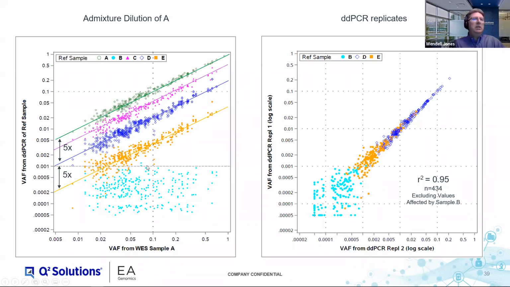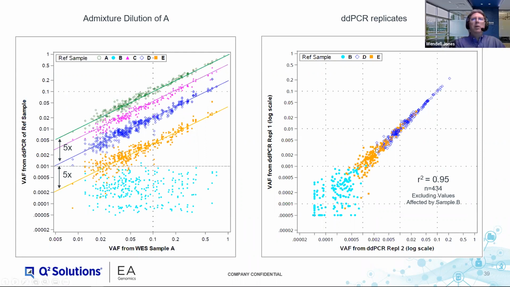So you may see higher frequency in A, but if you look at sample B itself, we're not expecting to see variants at any frequency there. Essentially about 0.001 is the background rate for droplet digital PCR using the normal sample B.